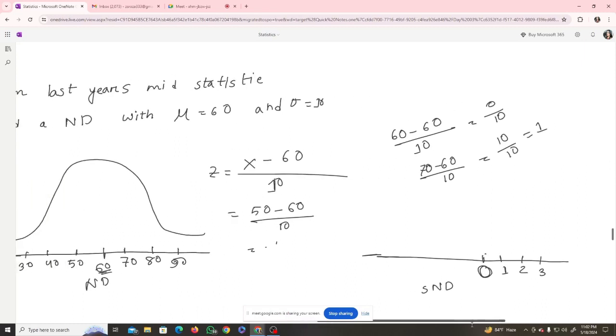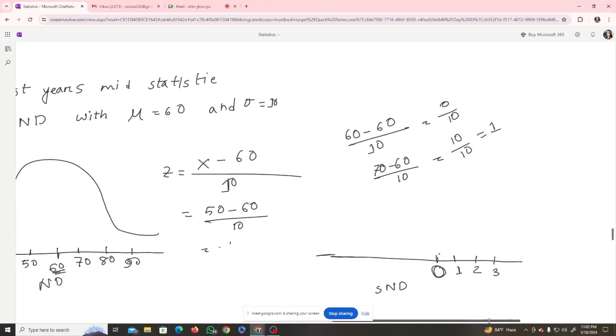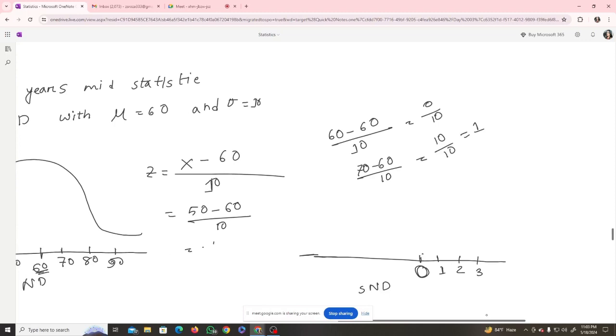So after plugging in 50, 40 and 30, we are getting minus 1, minus 2 and minus 3. And here you go. We have our standard normal distribution. So we can convert any normal distribution to standard normal distribution by the z-score. So this is the z-score.